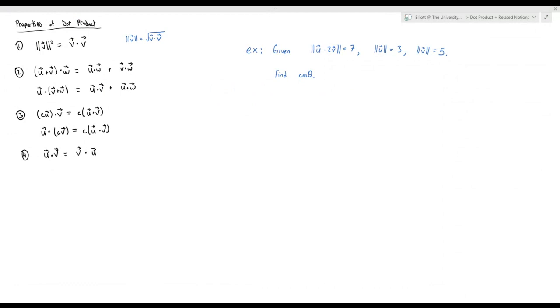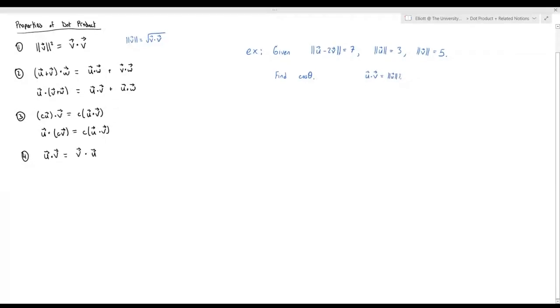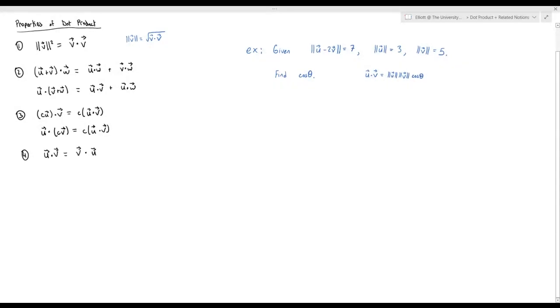In order to find the cosine of the angle between the two vectors, we know that we had this formula from before. We're already given the norm of u and the norm of v.